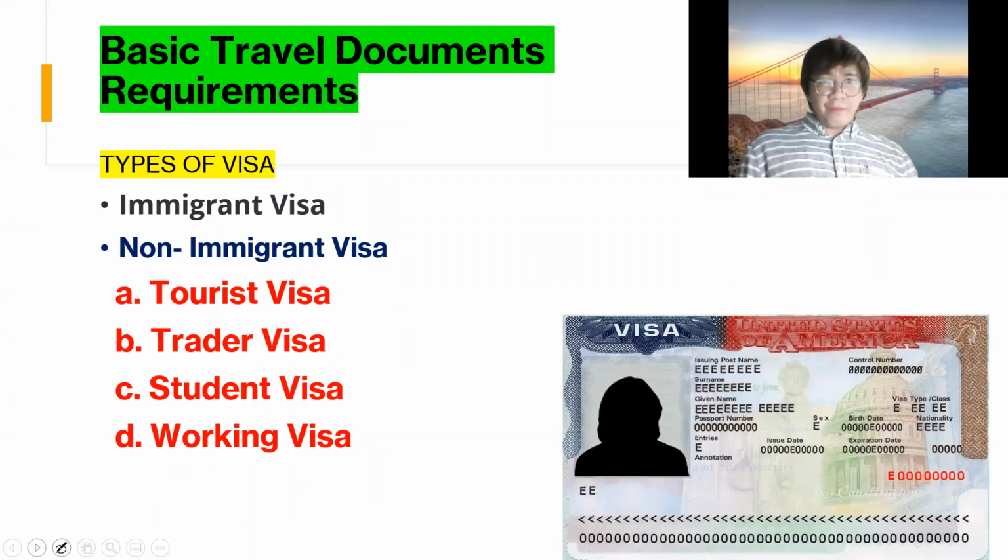What are the types of visas? Okay. So visas are normally arranged or clustered into two major categories. So we have the immigrant visa and non-immigrant visa. So when you say immigrant visa, you are permanently migrating to that country. Example is Canada.